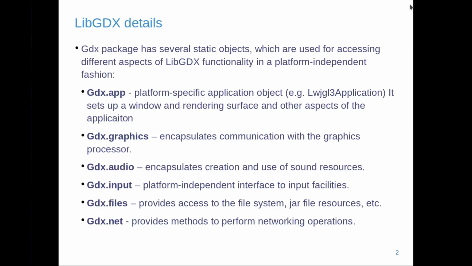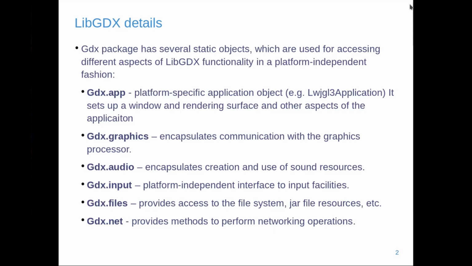When we write a program using LibGDX, we use different classes from the GDX package. And the GDX package has several static objects as part of it that provide the programmer access to big chunks of LibGDX functionality.